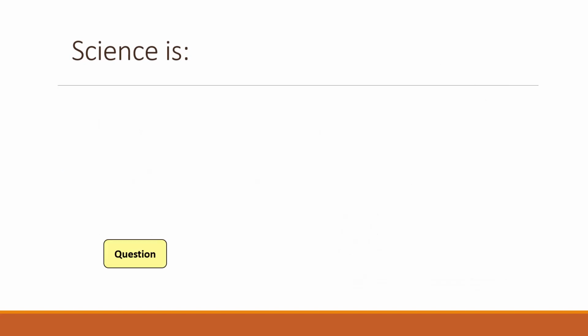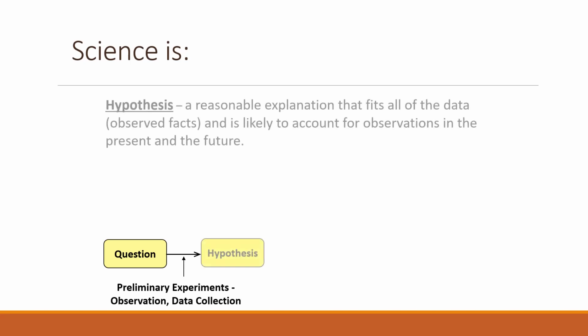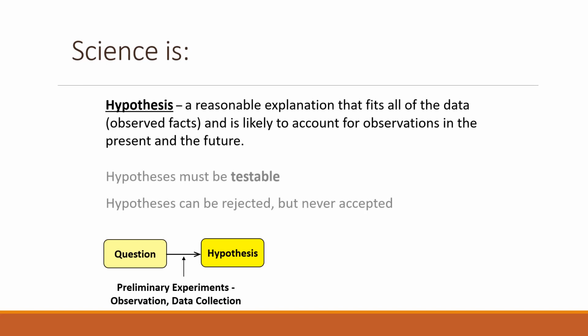So we start off with a question. And then we will have some preliminary experiments, observation, and data collection that is based on this question. This will help us form a hypothesis. A hypothesis is a reasonable explanation that fits the observed data, the observed facts, and is likely to account for any future observations. So we have to be able to test the hypothesis, and it can be rejected, but it can never be accepted. So we have to be able to test our hypothesis and see, did we disprove our hypothesis?